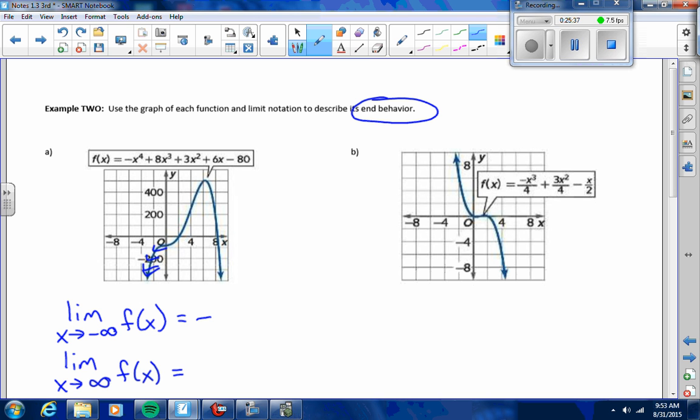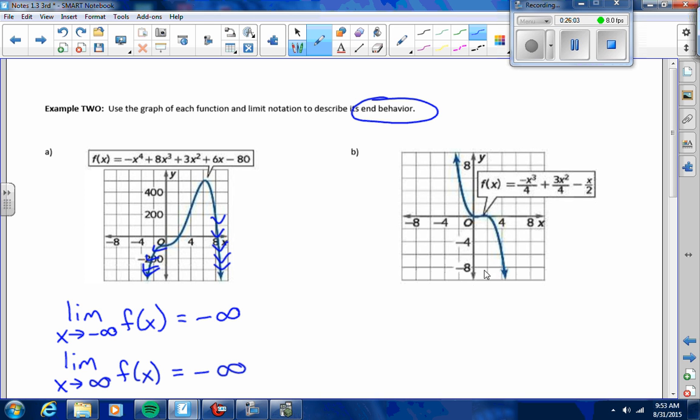Negative infinity. Now we're going to move as x goes to positive infinity. X is getting larger and larger and larger. And as x gets larger and larger and larger, where's the function going? Negative infinity. Any questions on that?